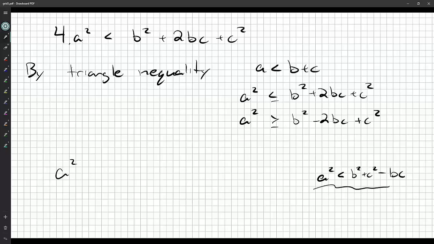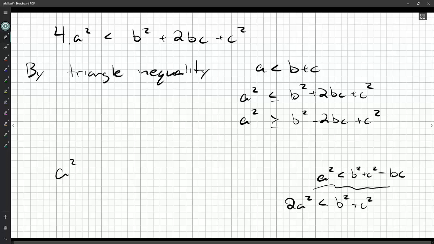So can I do some other linear combination of them? Well, if I could get 2a squared less than b squared plus c squared minus 2bc, that would be okay. Don't have anything like that, so that's a bit of a shame. But this is what I'm looking for, is the statement that I've got tucked down here in the bottom corner.